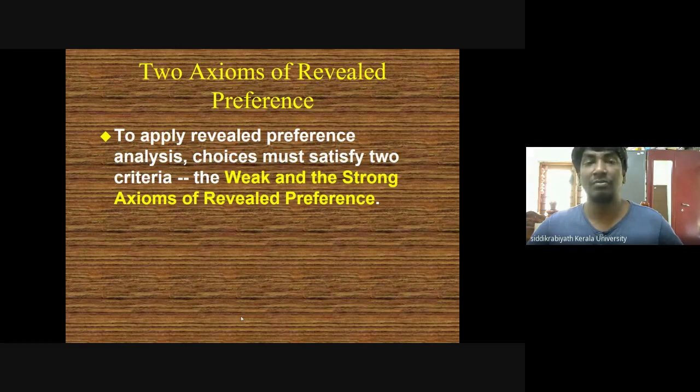So let me go to the axioms, because till the last point we had actually come across in the earlier lecture. So for clarification only, I was actually referring to this.